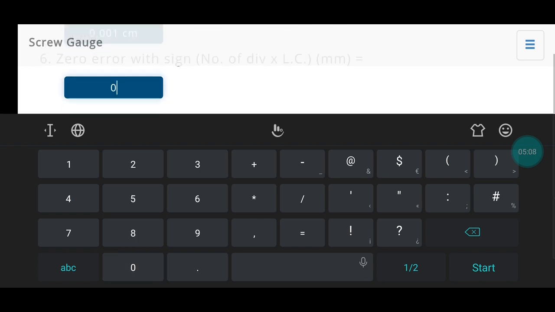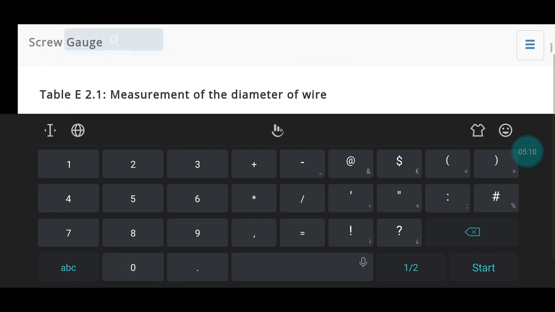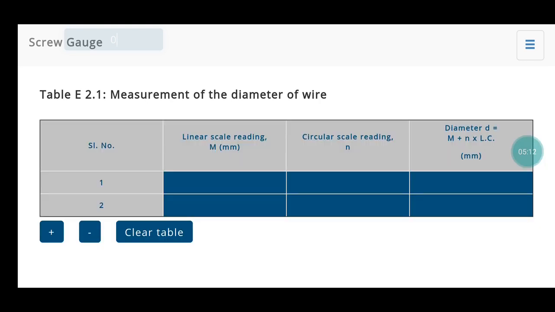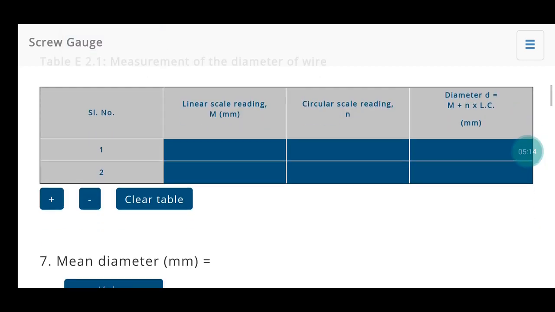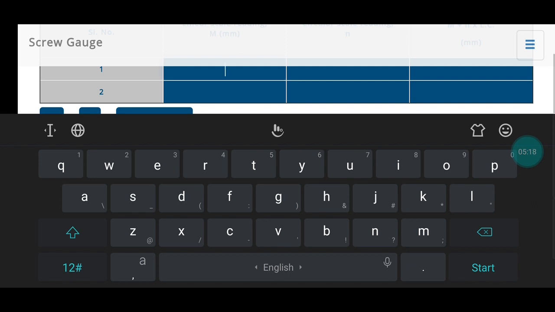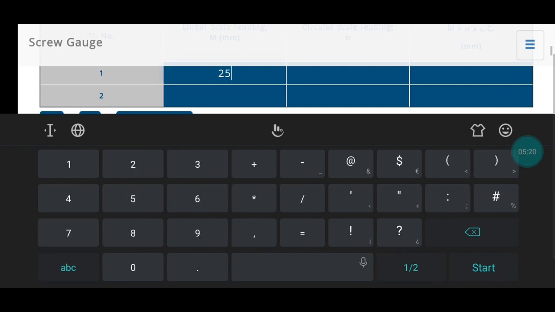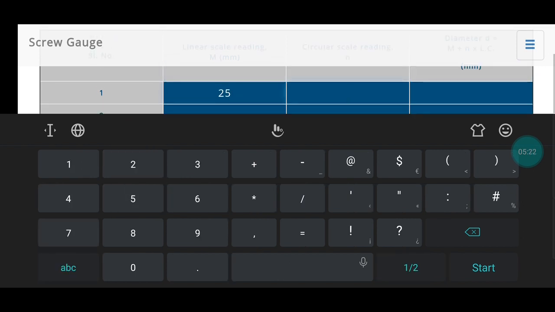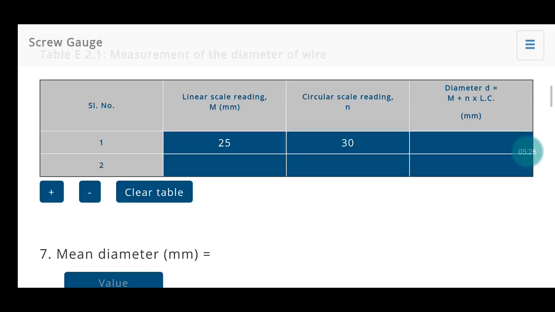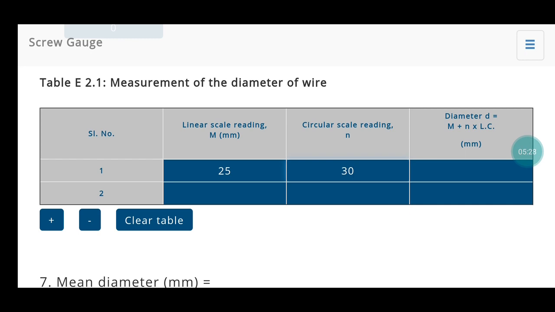Zero error: there is no zero error. Now, the linear scale reading was 25. Then the circular scale reading was 30. Clear? The circular scale reading was 30.